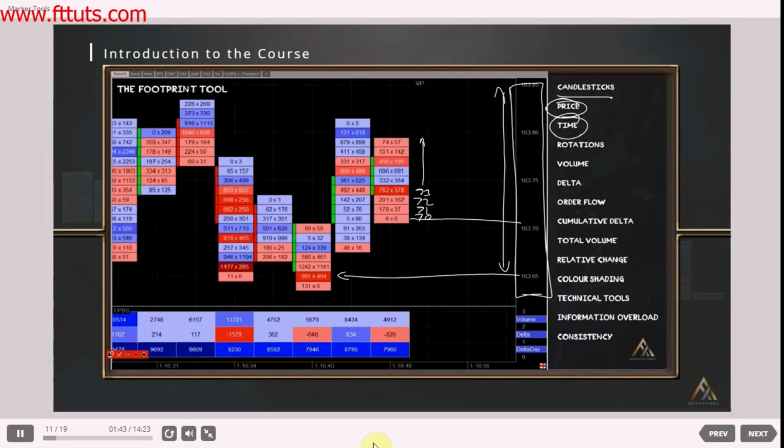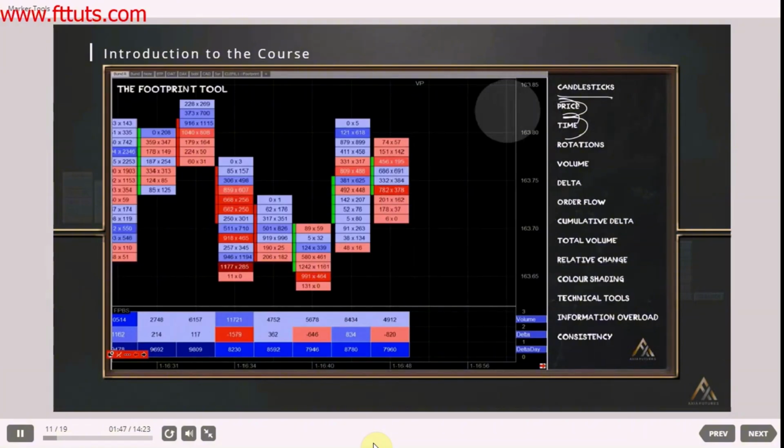The next thing to look at and talk about is time. Now, the footprint can be depicted in two different formats of time. The first is a typical traditional time-based format where we could select, say, a 5-minute footprint or a 30-minute footprint or a 60-minute footprint. Each one of these rotations will be based on the selected time.